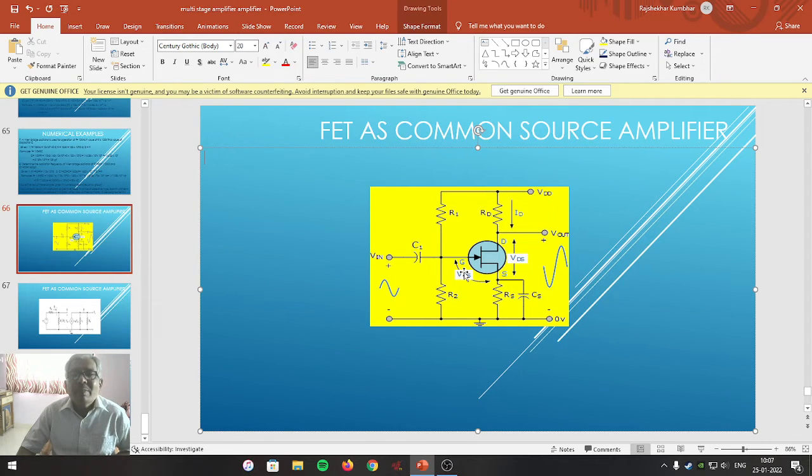We are well aware that gate and source of the FET should always be reverse biased, whereas drain and source should be forward biased.